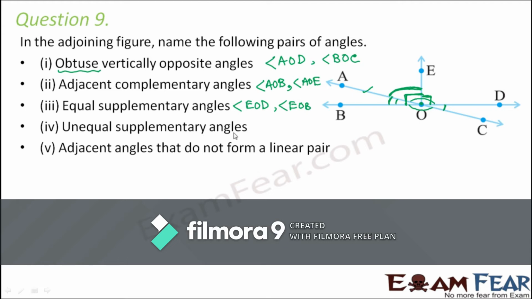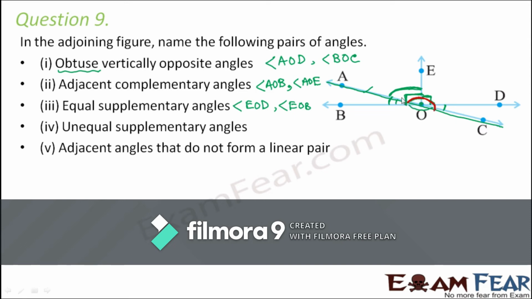Unequal supplementary angles. So where do you see supplementary angles but they are not equal? Where else do you see a straight line? We see a straight line here, right? AOC. When you look at this AOC, this is a straight line, therefore this angle would be 180 degrees.